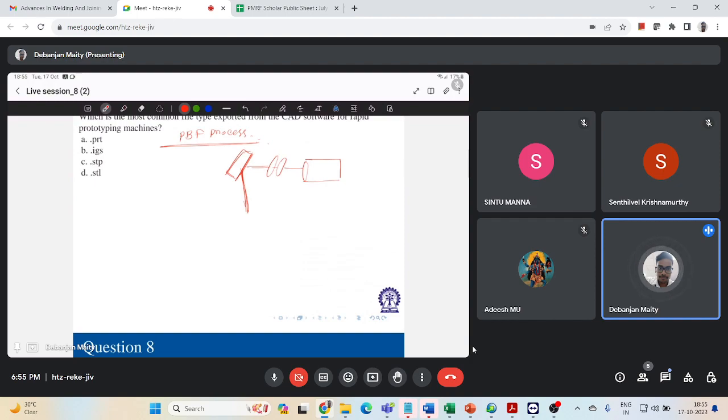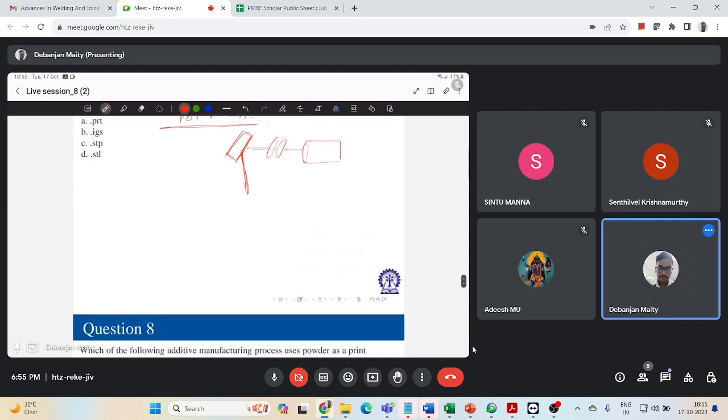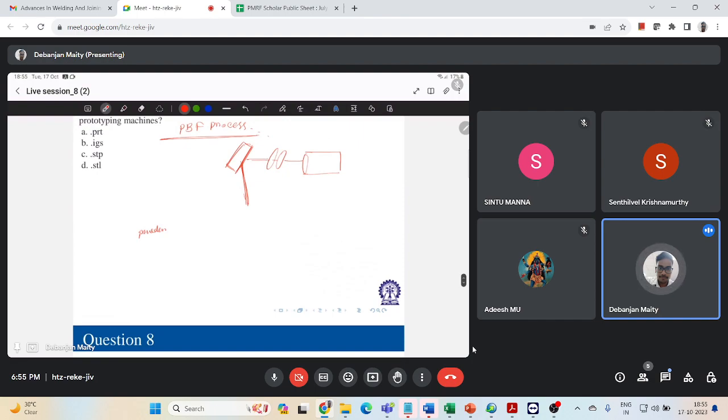So this is my laser beam and there are three compartments actually. One is what we call the powder overflow compartment.